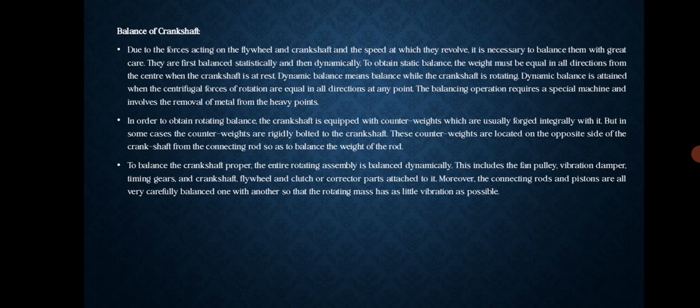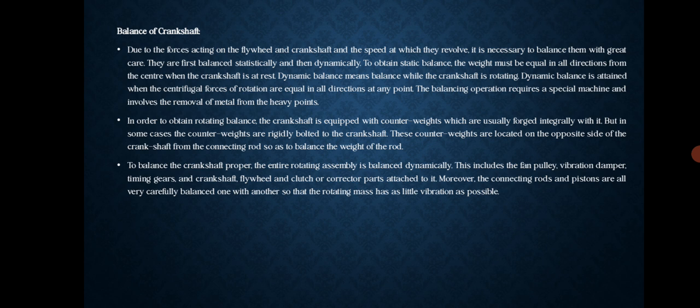Dynamic balance is attained when the centrifugal forces of rotation are equal in all directions at any point. The balancing operation requires a special machine and involves the removal of metal from heavy points.